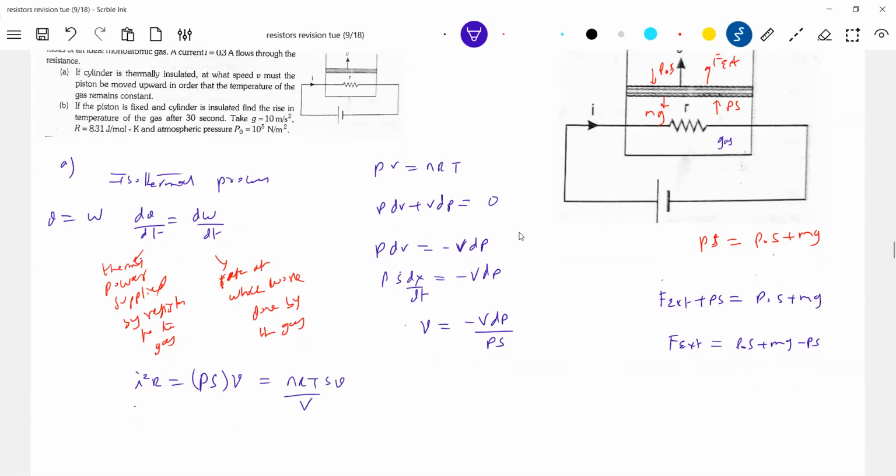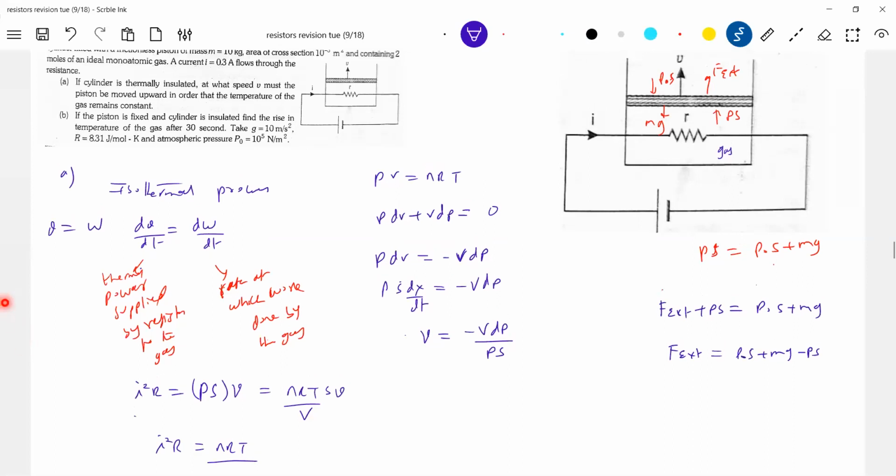Now what is V? We can write volume as SY, a function of Y. Beyond that it is not possible. What is this PSV? That is actually velocity. The volume will be nRT over the pressure.